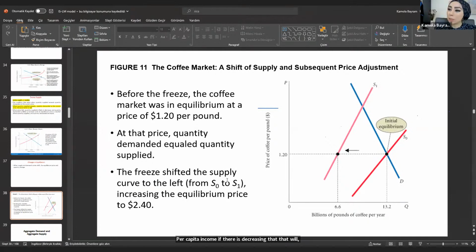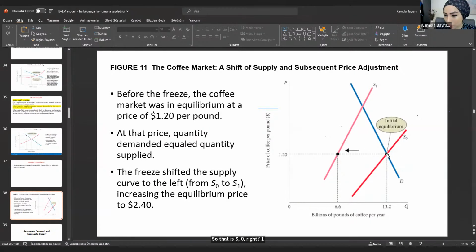Well, again, now we are looking at the coffee market, a shift of supply and subsequent price adjustment. Before the freeze, it means there is something happening. Before the freeze, the coffee market was in equilibrium at the price of 1.20 per pound. So that is S0, right? 1.20 per pound.